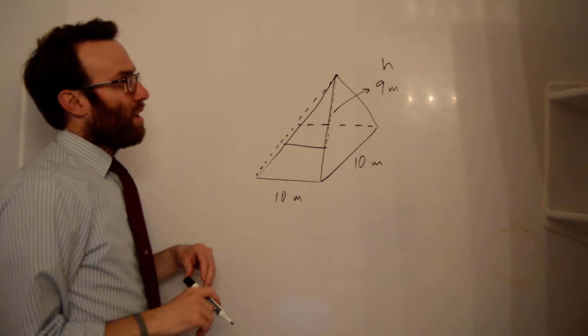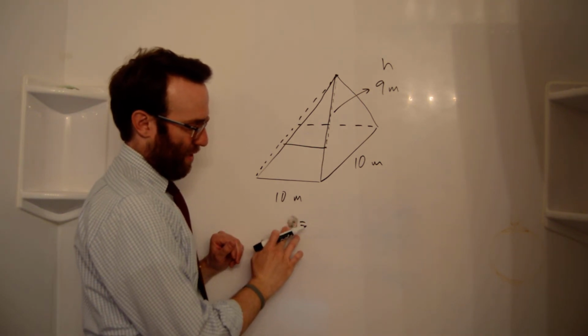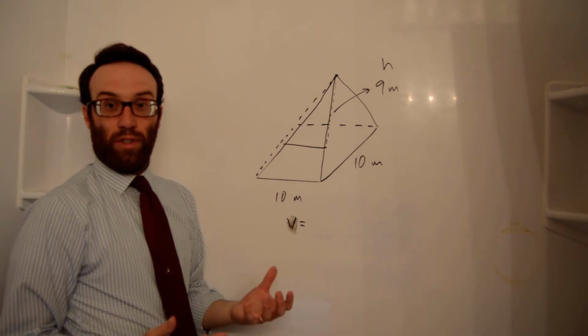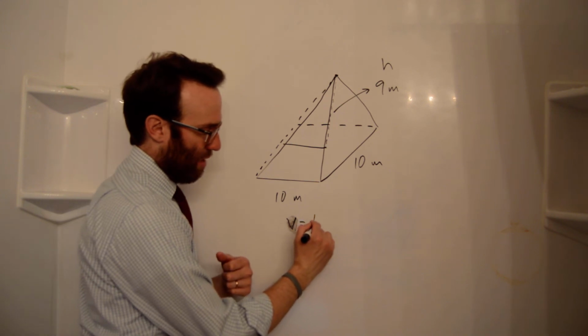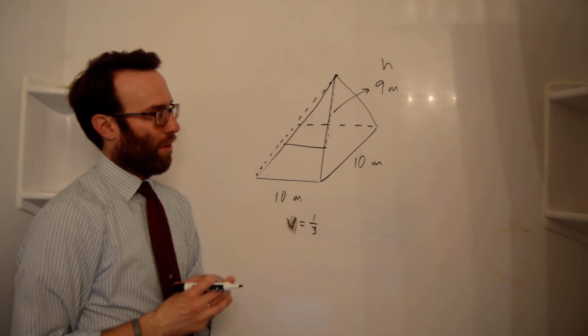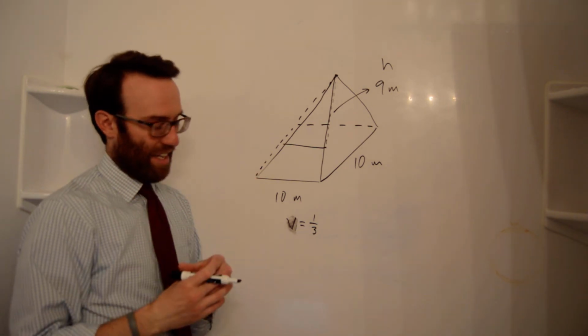The volume formula for pyramids, sorry, I'll make that a V. The volume formula for pyramids is very similar to the volume formula for prisms, and much like we saw with cones, we're going to see that 1/3 pop out front. And so we could fit 3 of these pyramids inside of a prism that size.